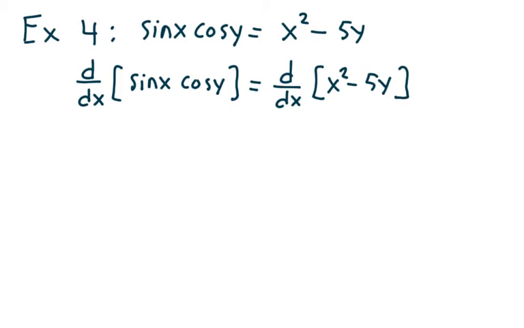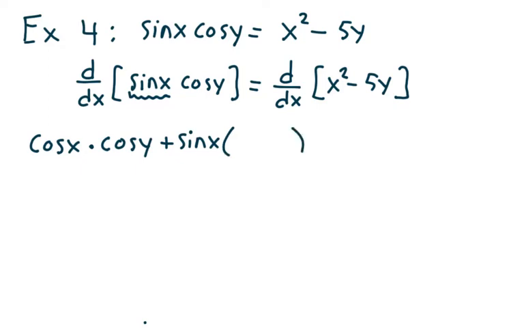Okay, now we're going to apply the product rule. So we're going to take the derivative of the sine, which is cosine, and we're going to multiply by cosine y, plus sine x times the derivative of cosine y, which is negative sine y, but by the chain rule, you have to multiply by the derivative of y with respect to x.